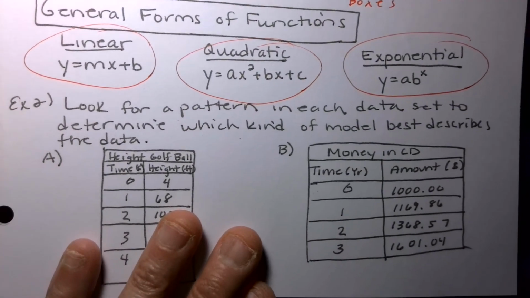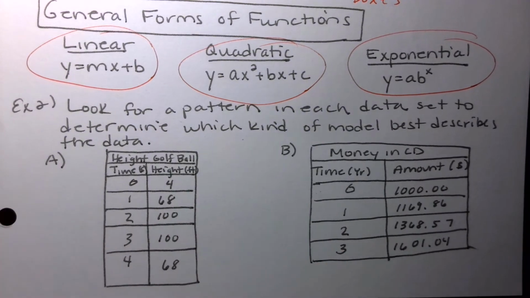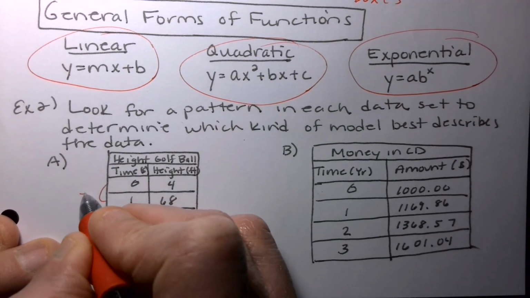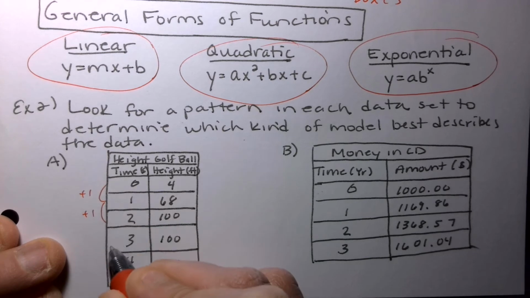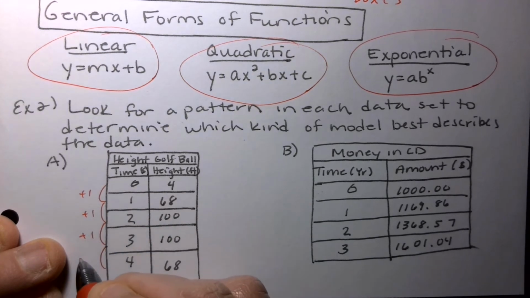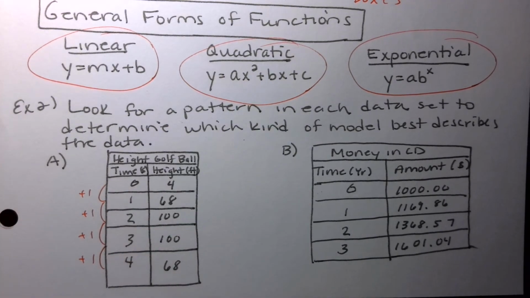And in turn, we've learned how to look at data sets and figure out if something is linear, quadratic, or exponential. So let's take a look and see if doing it that way we can figure it out. So I do a double check over here and I see, yep, this is right in line. This is all +1, so we're good.